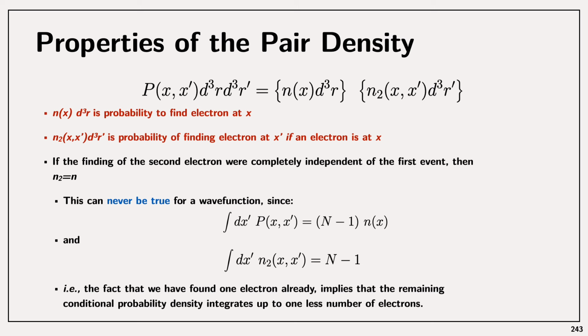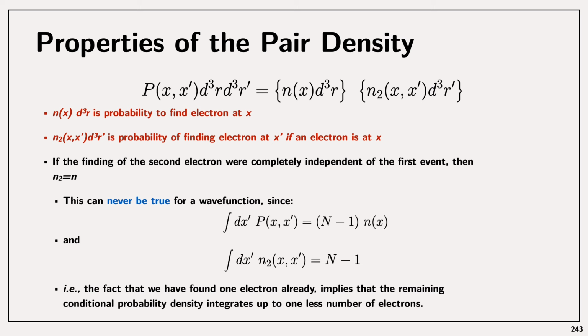And again, you can either convince yourself mathematically, or more obviously, you know that n2 of x prime is the density of having an electron at x prime if there is one at x. So of course, if you integrate over all x prime, you get n minus 1. You get the total number of electrons minus the one that's at x. That's basically what it says. So that's actually pretty important.